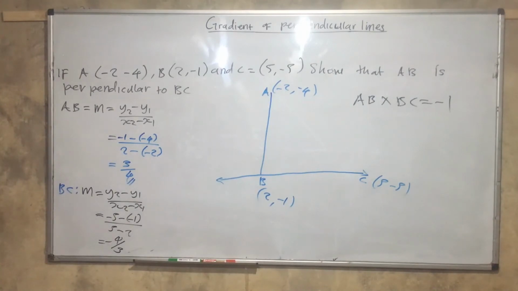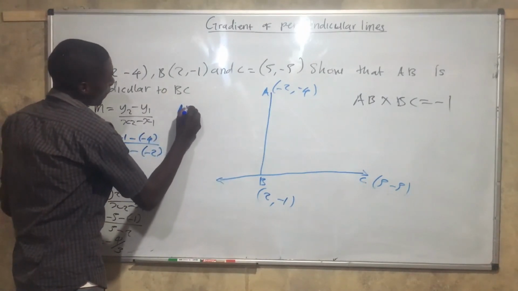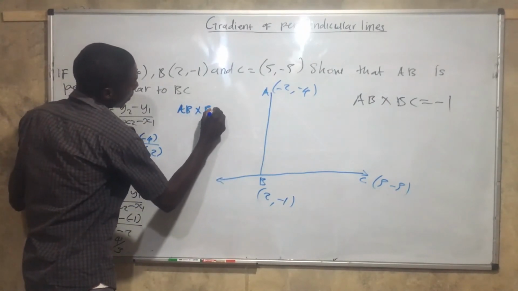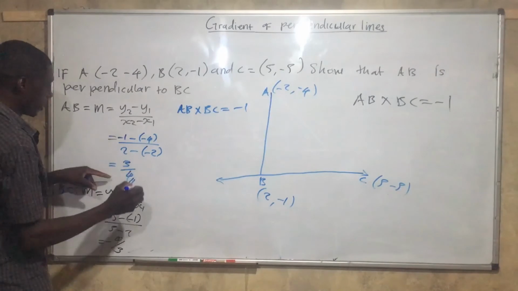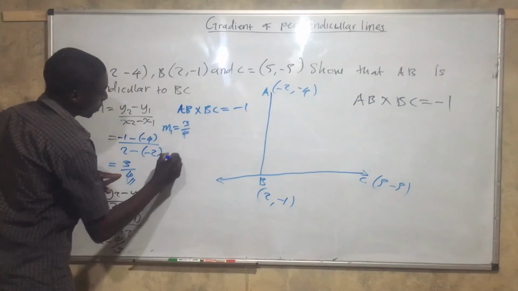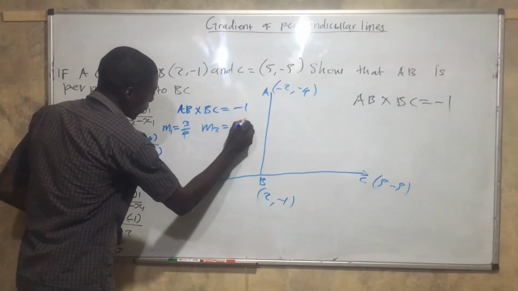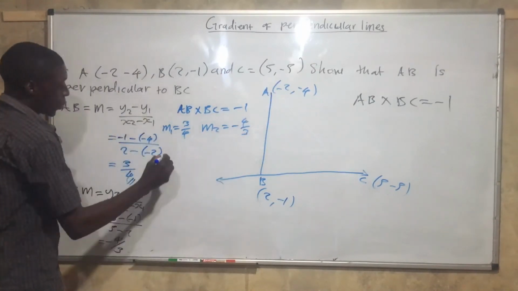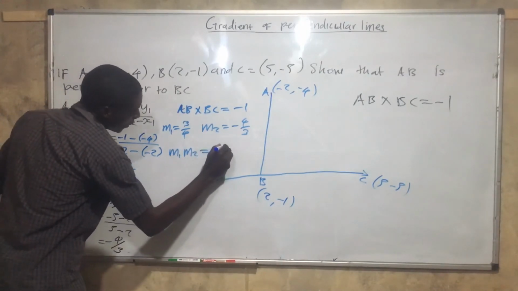Now we want to show if these two lines are perpendicular. So we multiply AB by BC, which should give us negative 1. Our M1 is 3 over 4, which is positive, and our M2 is equal to negative 4 over 3. We are saying M1 multiplied by M2 should give us negative 1.